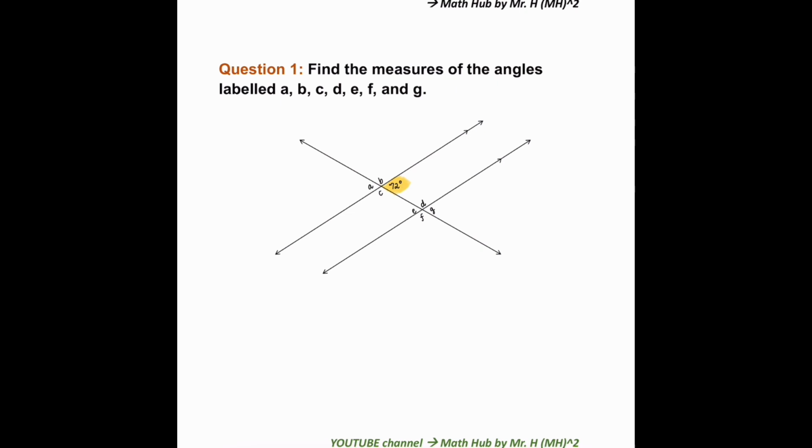If I'm given 72 degrees and this angle E right here is in pair with 72, applying the concept of alternate interior angles, the measure of angle E will be equal to 72 degrees as well. Alternate interior.